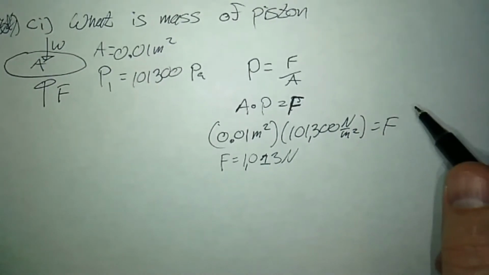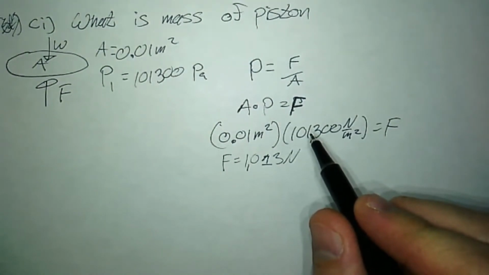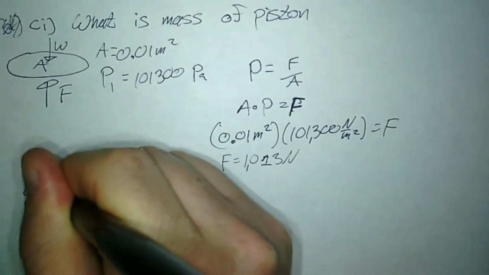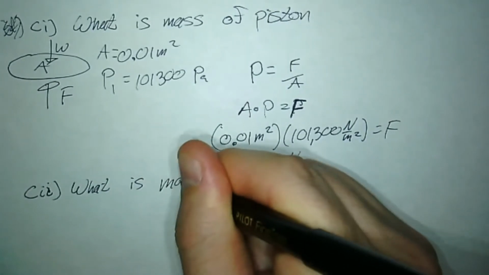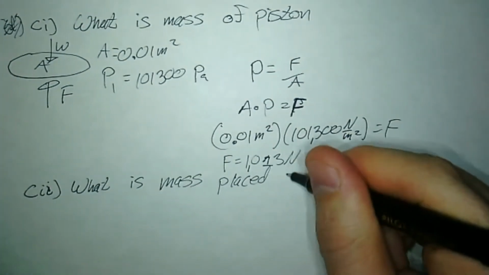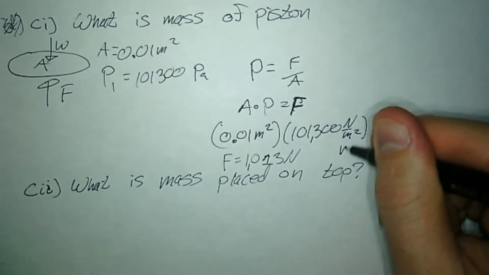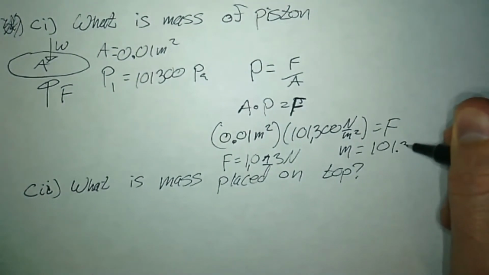So part 2, we want to know what is the mass that we put on top of the piston. That's going to be C2. So I guess we should say that the mass of the piston has to equal 101.3 kilograms up here.